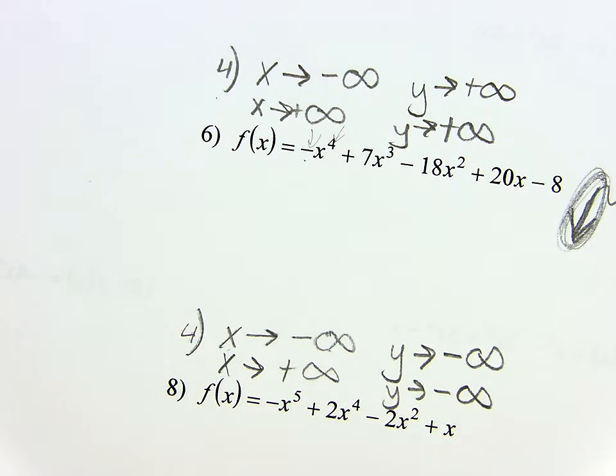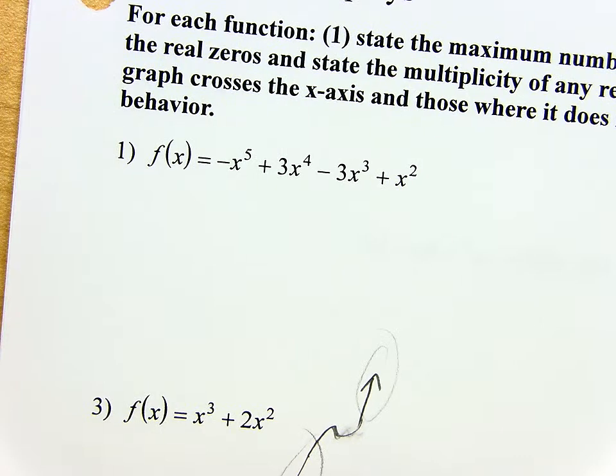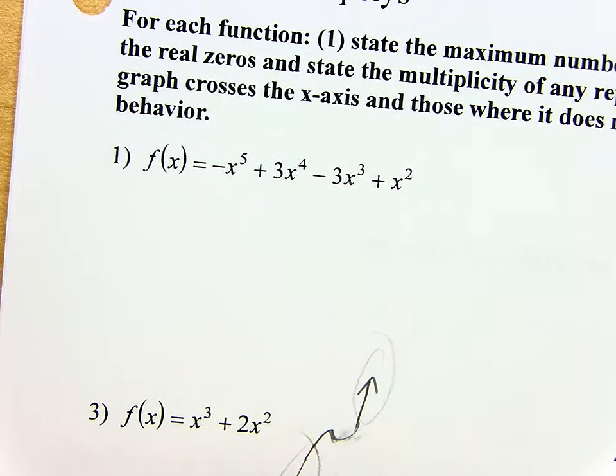So without me telling you what to do, try 1. Same as 3. Remember, all the odd ones are the same. It's just the stuff in the middle that will change. But right now we don't care about the stuff in the middle. We only care about the ends.